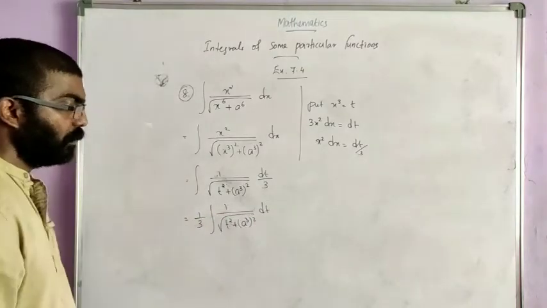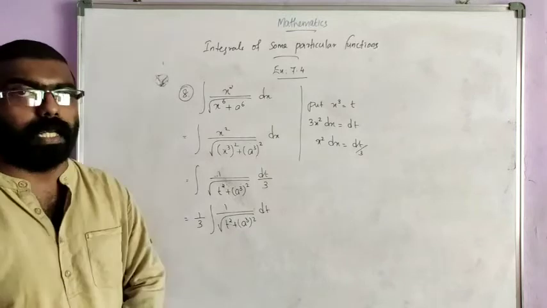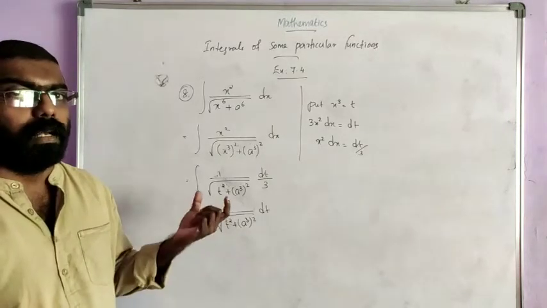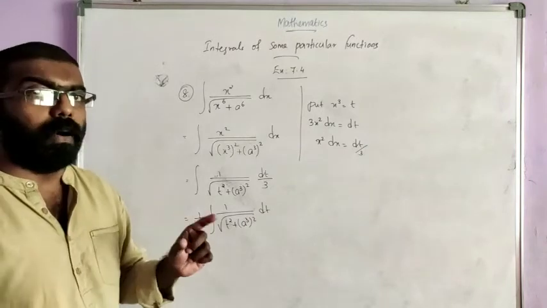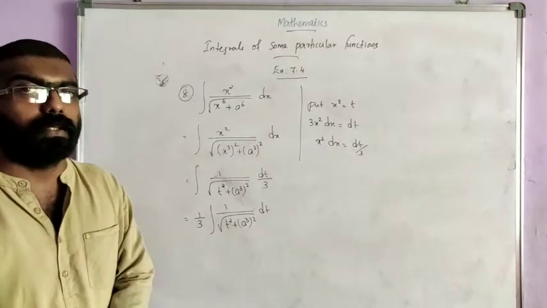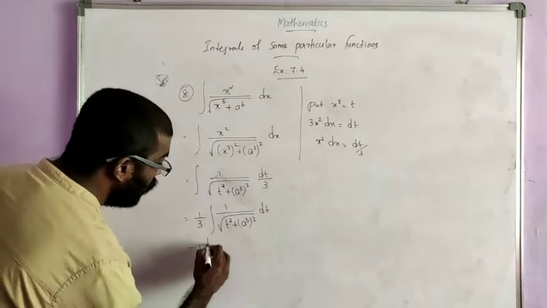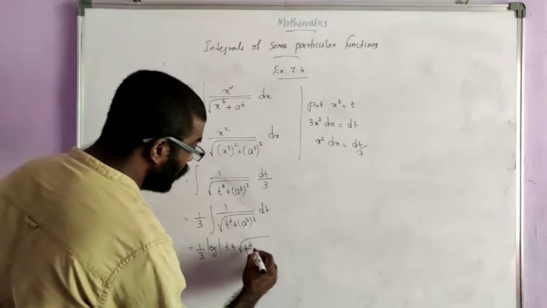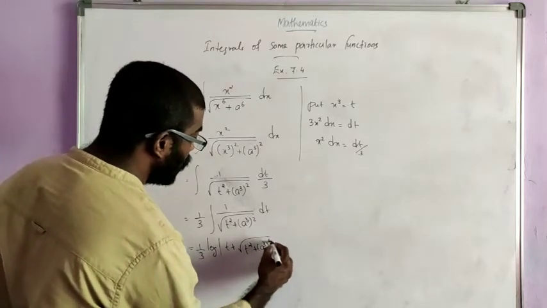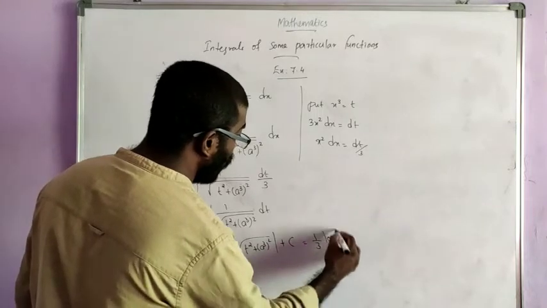This is of the form integral 1 by root x square plus a square, which is log mod x plus root x square plus a square. So 1 by 3 log mod t plus root of t square plus a cube the whole square, plus c.